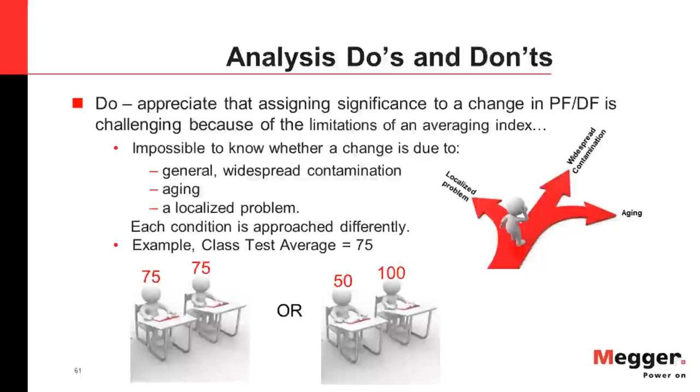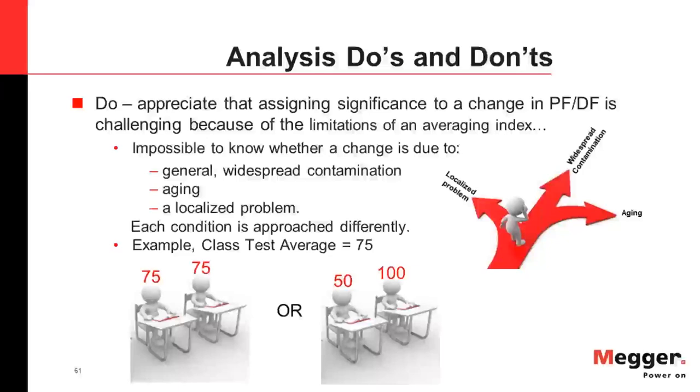So the left case would be the equivalent of widespread contamination or aging. On the right, a case of a localized problem. So just a few more words about these three different classes of problems. It's important to identify localized problems because their presence significantly raises the risk of dielectric failure and therefore requires immediate attention.